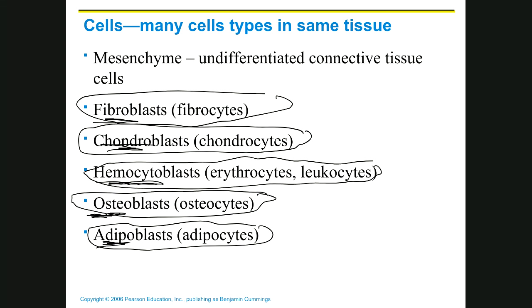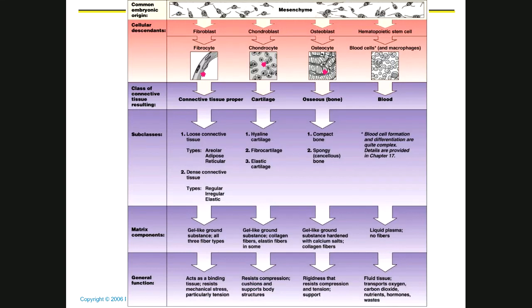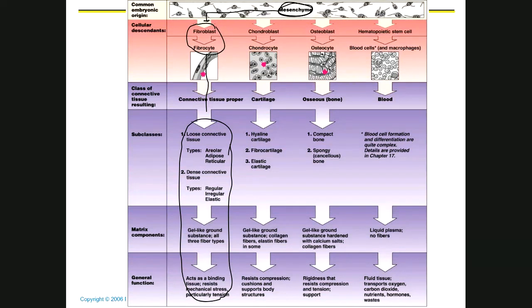So look, if we look at it, here's mesenchyme up here. And so mesenchyme is going to differentiate. It's going to turn into a fibroblast. Fibroblasts build fibers. Fibrocytes maintain fibers. So these are the cells of the tissues with lots of fibers. And these are those tissues. Here's chondro. Chondro means cartilage.